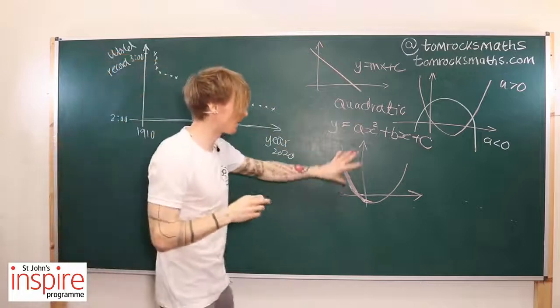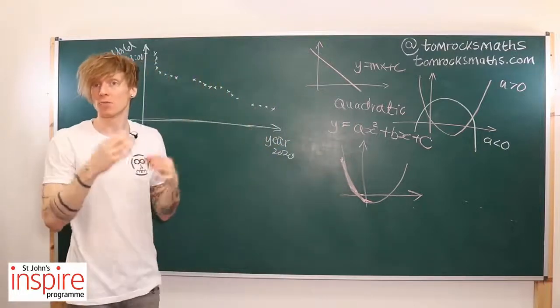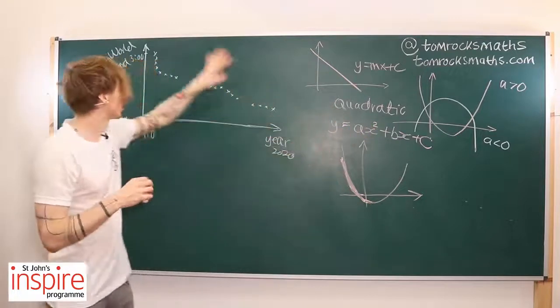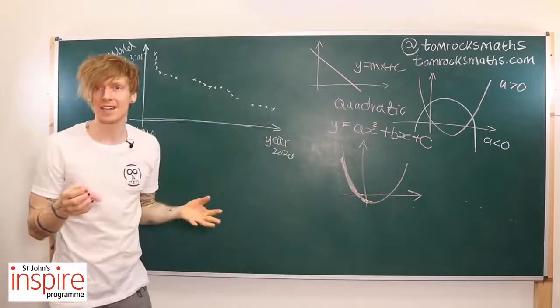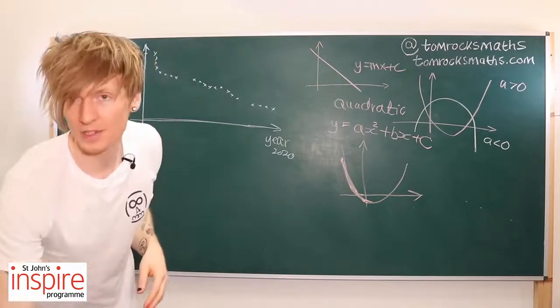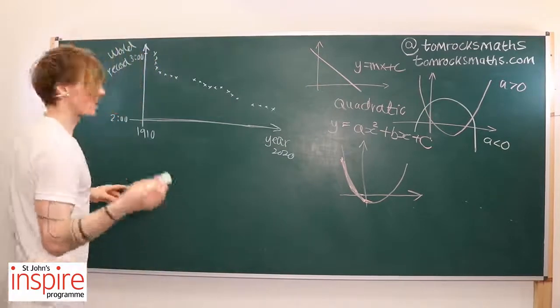So you'll see an example of this shortly, but this is another thing that we could use to try to fit our data. And then the third one that I want to mention is going to be a cubic.